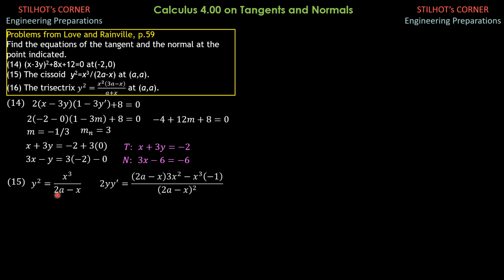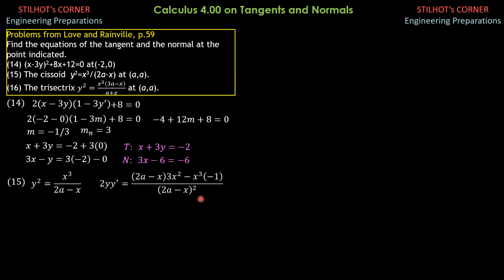So 2yy' = [(2a - x)(3x^2) - x^3(-1)]/(2a - x)^2. The derivative of numerator x^3 is 3x^2, and the derivative of 2a - x is -1.